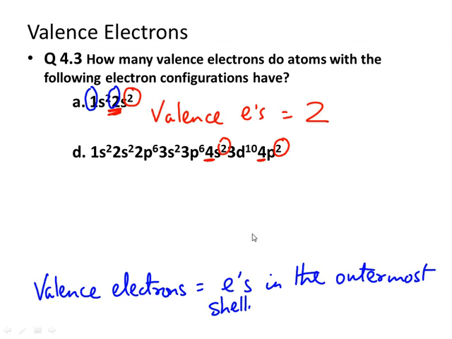Yes, you're right. This particular valence shell for this atom has a total of 4 electrons. 2 of those electrons are in the 4s subshell, and the remaining 2 are in the 4p subshell. But the number of valence electrons is 4.